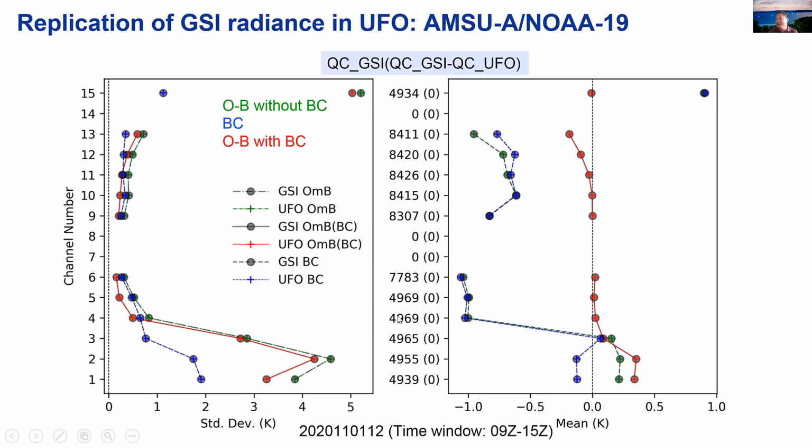Here you may see the mean and the bias correction: the green is without bias correction, and here is with bias correction. If you are familiar with radiance, you could wonder why after bias correction the omega B is even bigger. So I think it is still an open question.